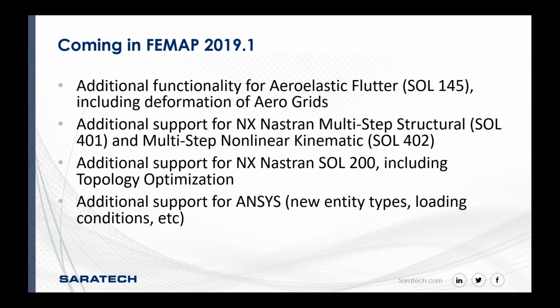You basically have frozen regions or active regions, and you can specify them all in FEMAP. You do need FEMAP 12 to do this, along with the optimization, the manufacturing constraints, and the goals and objectives for your topology optimization or solution 200. So a lot more of that's going to be in there.